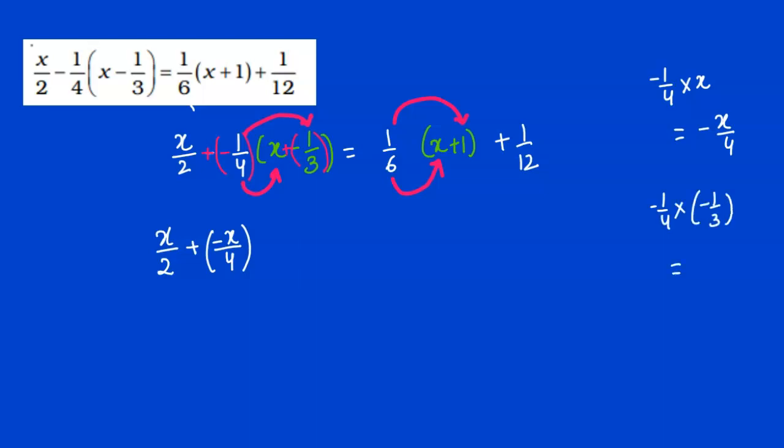So the answer should be positive because both the numbers are negative. And what should be the answer? Multiply the numerators and the denominators. So the answer will be 1 by 12. So here I will write plus 1 by 12. On the other side everything is positive, so no complications. So we have 1 by 6 x plus 1 by 6 plus 1 by 12.